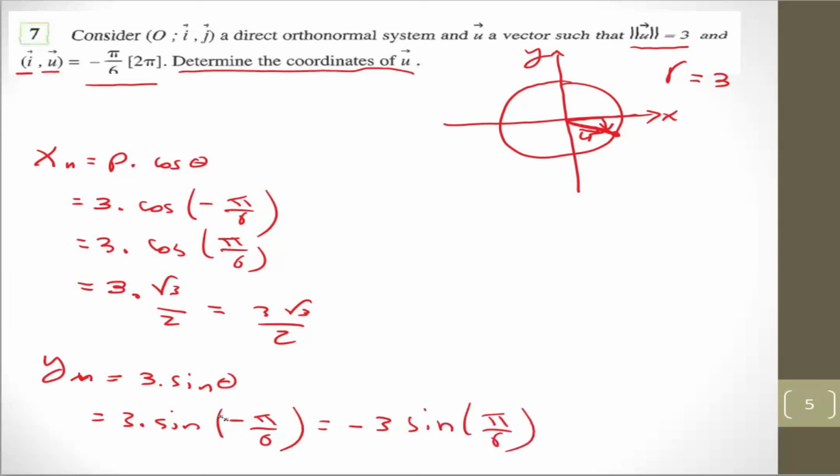We already know that for sine of minus pi over 6 we move the sign outside, so it equals minus 3 times half, which is minus 3 over 2. So u has Cartesian coordinates 3 radical 3 over 2 and minus 3 over 2. Just make sure of the calculations here.